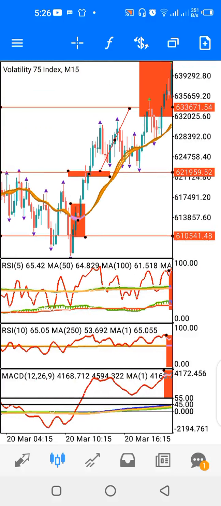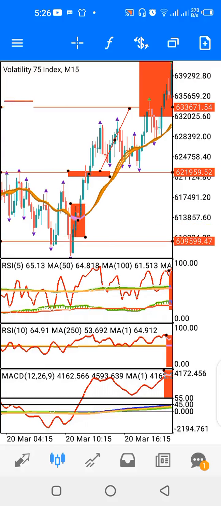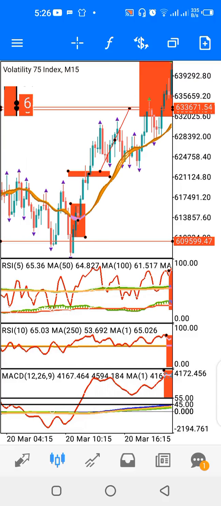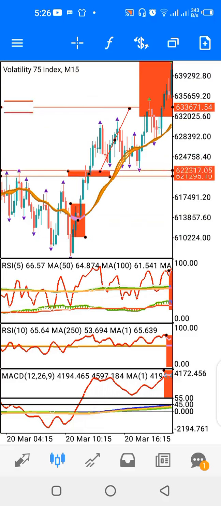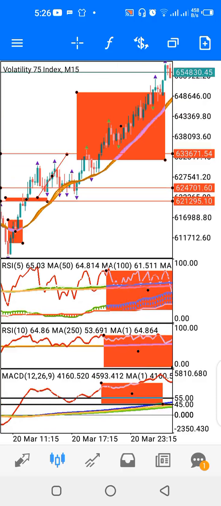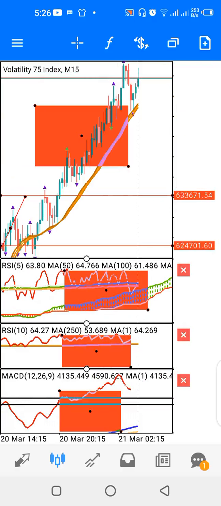But you can always trail your profit. You can shift your stop loss. Like if you enter this trade around here, which is your entry, and your price moved up to the take profit level, you can remove the TP and trail the stop loss by moving it to protect your trade and your account.